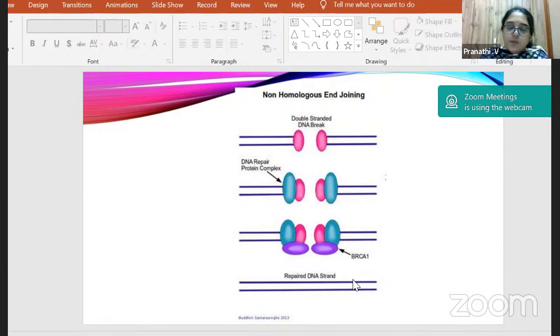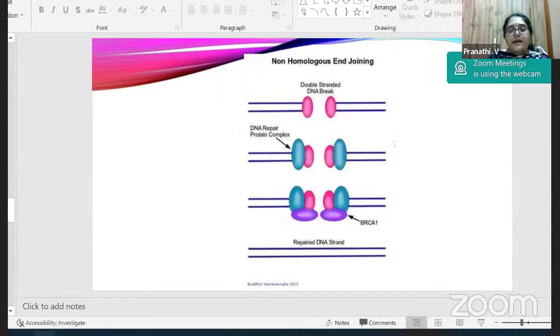Now we will start with unit 6 in our textbook, that is recombinant DNA technology. In rDNA technology, we are going to see the basic techniques involved.